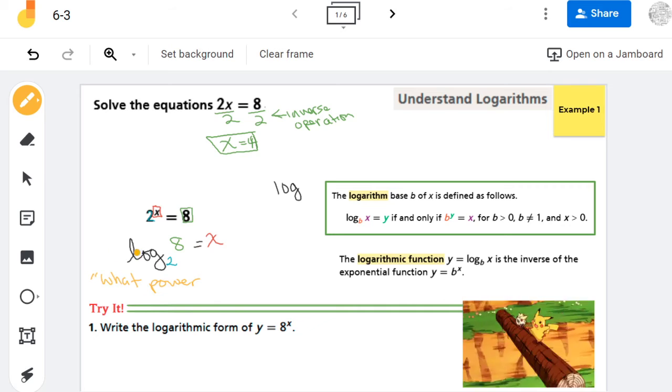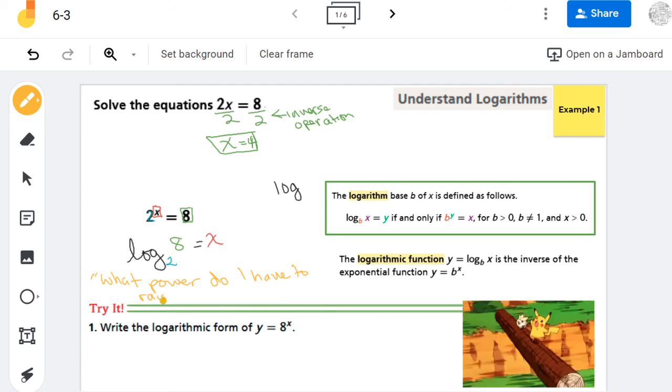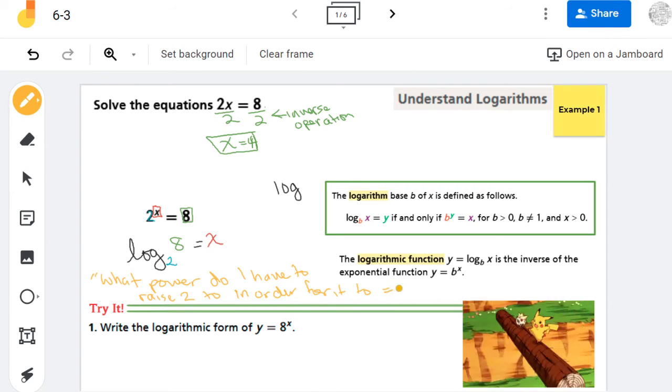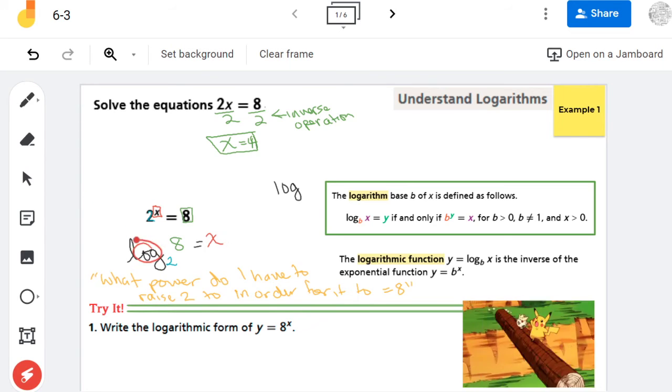If I read this as a sentence, what power do I have to raise 2 to in order for it to equal 8? That power is whatever x is.